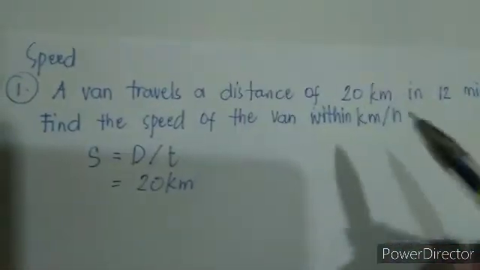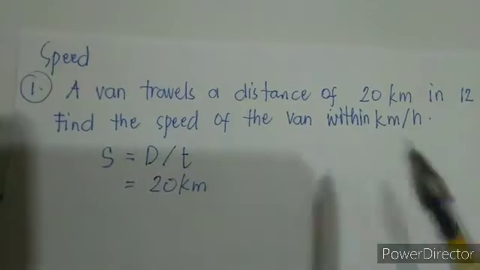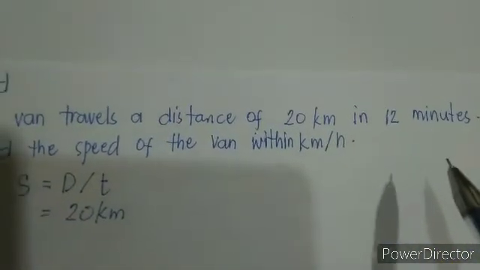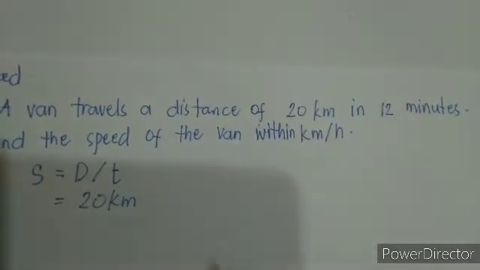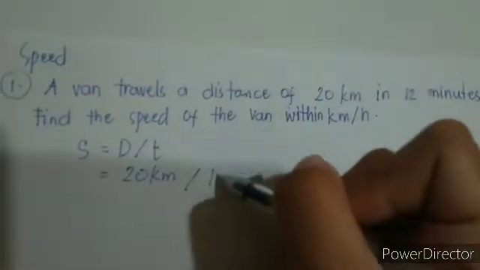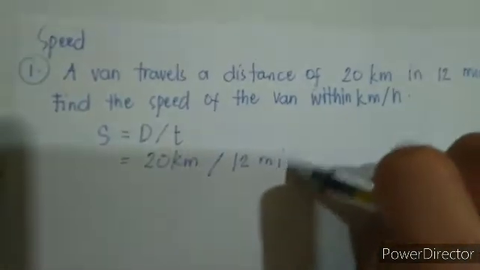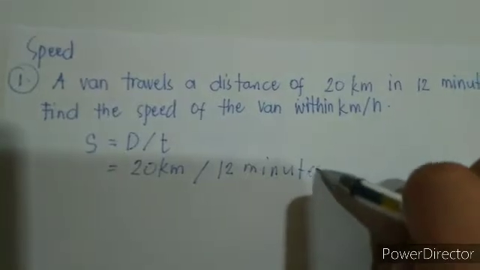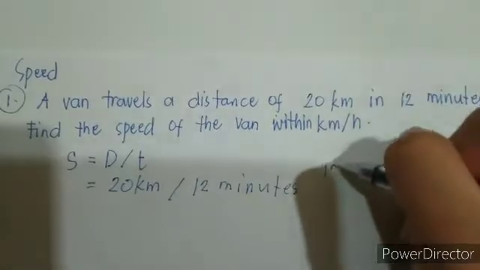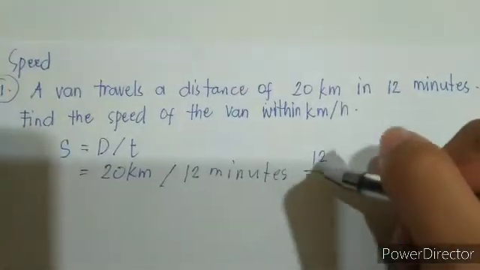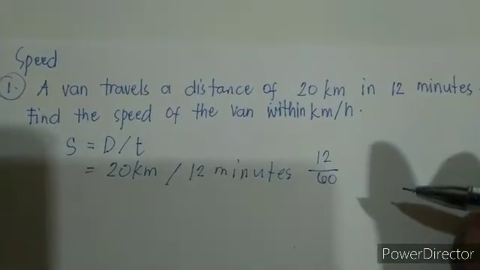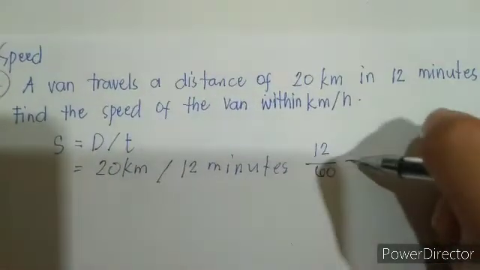It states in the problem that the unit is kilometers per hour. So we have 12 minutes here. Let's have the conversion first. So divided by 12 minutes. Let's convert 12 minutes to an hour by dividing 12 over 60. So 12 divided by 60 is equal to 0.